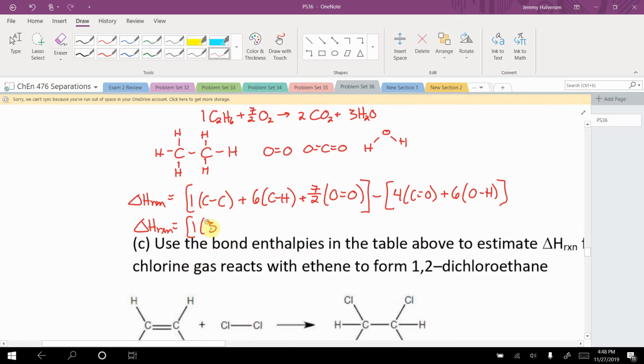A CC is 348. A CH is 413. An OO is 495. A CO double bond is 799. And an OH bond is 463.